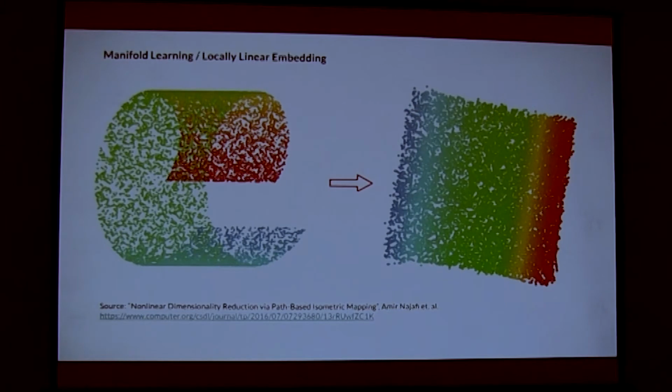Although there are some really interesting things happening in the data science world in terms of manifold learning. So this is just an example of locally linear embedding, where you have some shape in high dimensional space, and basically by looking at the relationships between individual points in your data set, you can unroll that shape and put it down on a piece of paper.